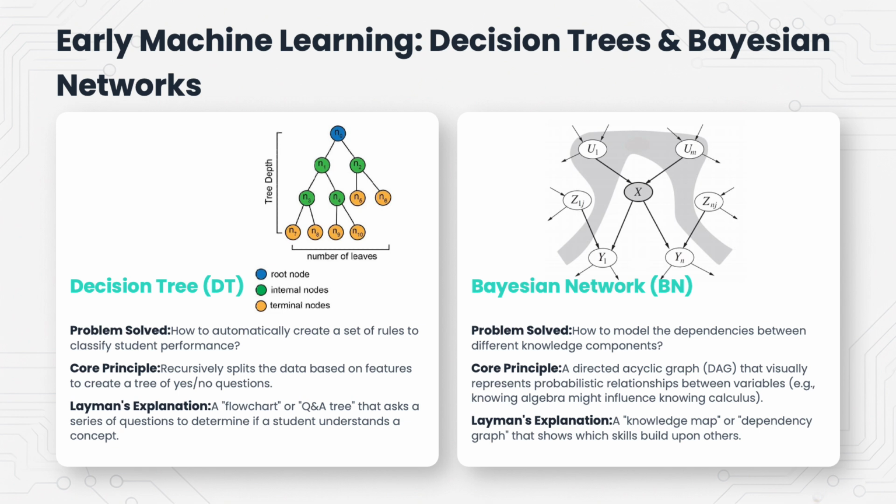On the other hand, Bayesian networks tackle a different problem. How do different skills relate to each other? They use a graph structure to show probabilistic dependencies. For instance, a BN can model that understanding algebra is a prerequisite for understanding calculus, making it a powerful tool for structuring a domain's knowledge.